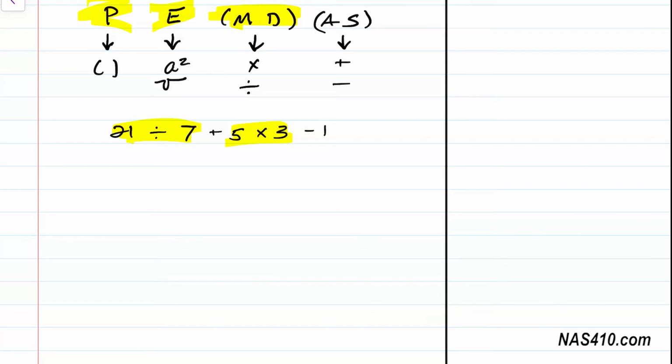So 21 divided by 7 is 3 plus 15 minus 1, and next I do my addition and my subtraction from left to right. So 15 plus 3 is 18, minus 1 is 17.